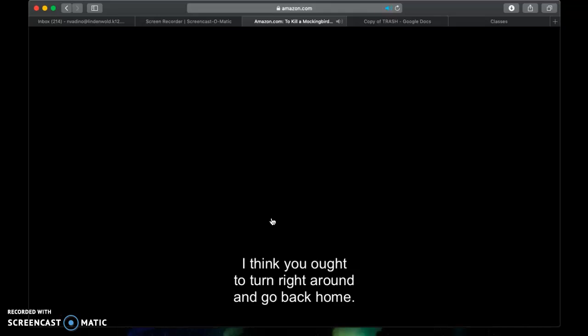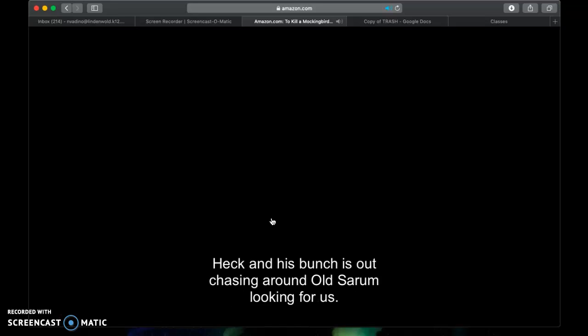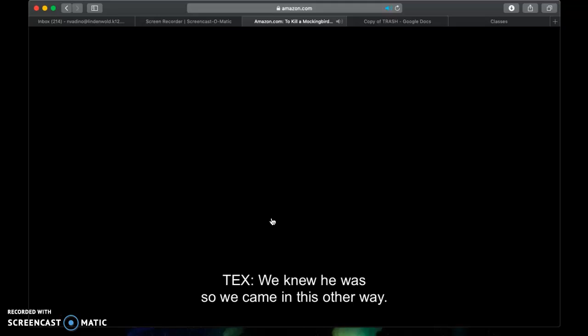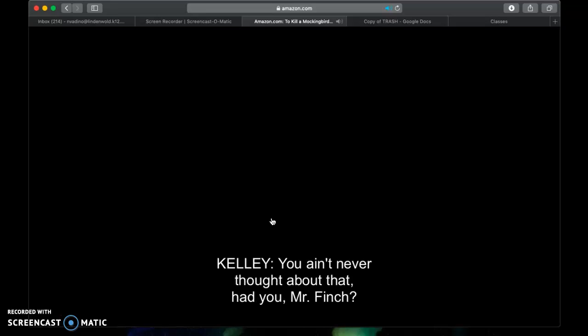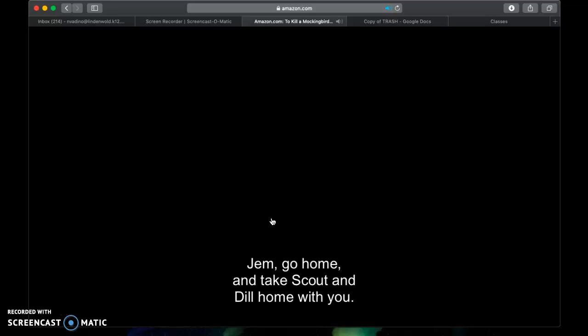Walter, I think you ought to turn right around and go back home. Hectate's around here somewhere. No, he ain't. Thinking his bunch is out chasing around old Sam looking for us. We know what he was, but we come in this other way. Yeah, you ain't never thought about that, had you, Mr. Finch? I thought about it. I can't see Atticus. Well, that changes things. Atticus! Hey, Atticus. Jim, go home and take Scout and Dill home with you.